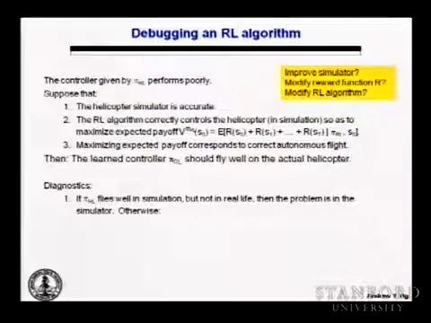So the first diagnostic you might run is just check if it flies well in simulation. Right? So if it flies well in simulation but not in real life, then the problem is in the simulator. Because the simulator predicts that your controller, pi subscript RL, flies well, but it doesn't actually fly well in real life. And so if this holds true, then that suggests the problem is in the simulator.